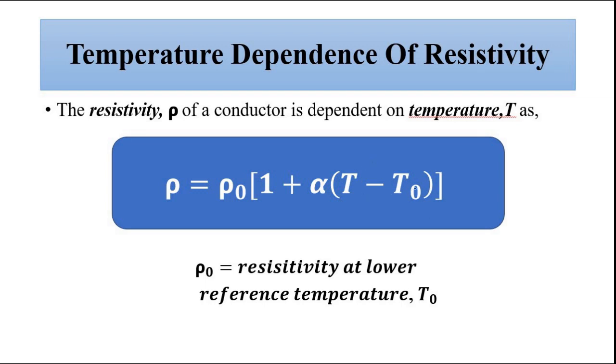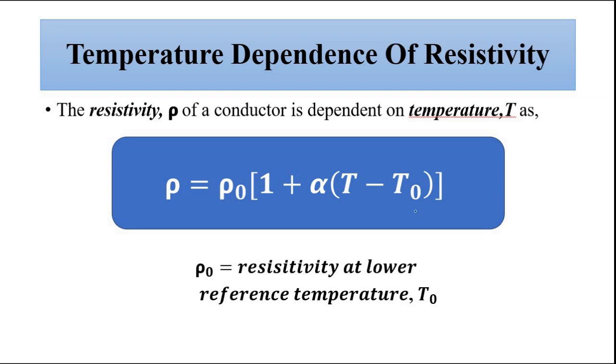Here T0 is the reference temperature, any particular temperature with respect to which we want to study how the resistivity changes at any higher or lower specific temperature T. Normally it can be taken as 0 degrees Celsius or 273 Kelvin. So it varies, it depends.